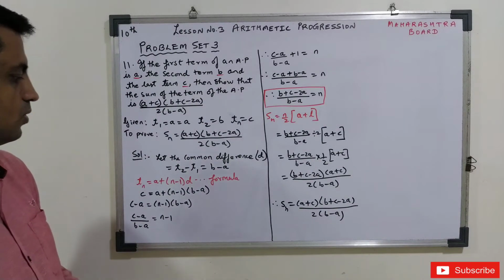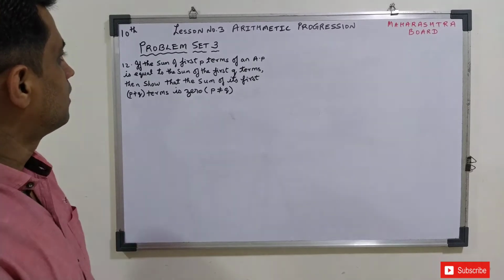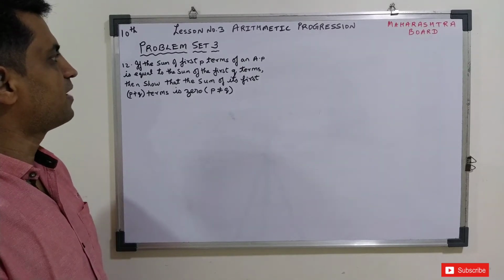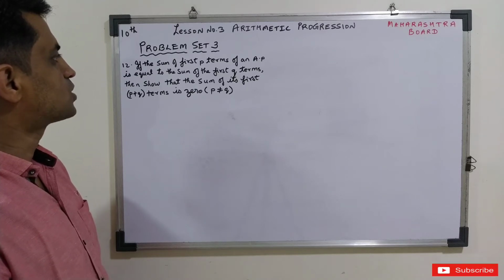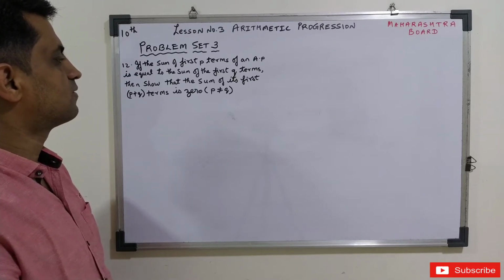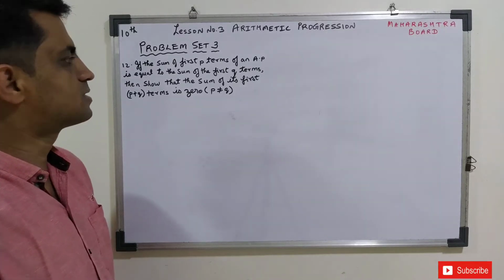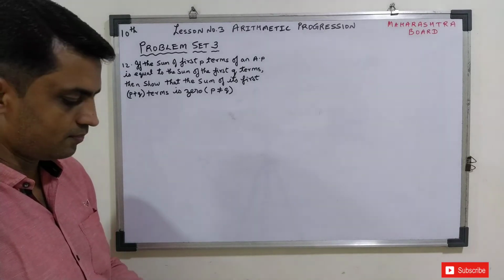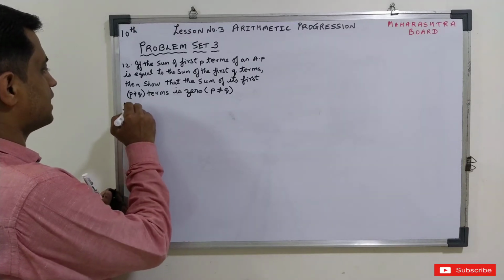So this way you have to do the sum. 12th sum. If the sum of the first P terms of an AP is equal to the sum of the first Q terms, then show that the sum of its first P plus Q terms is 0, and P is not equal to Q. This we have to prove. Let us note down what they have given us so that we can understand.